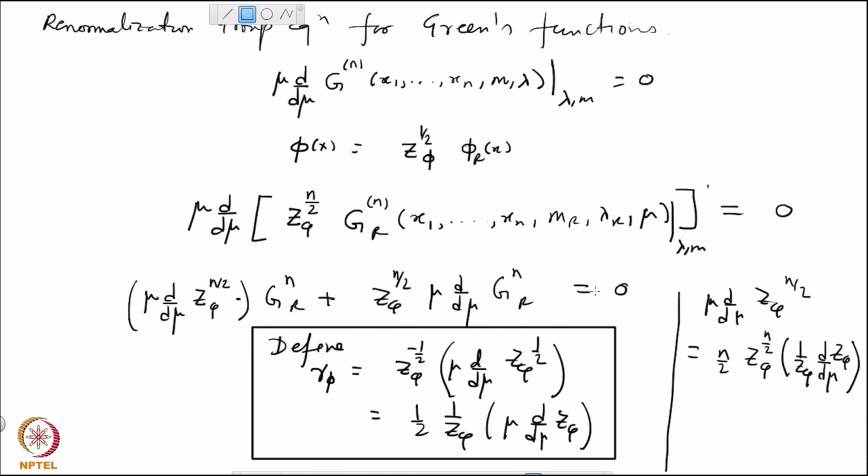Anyway, you can remember I'm not so good at doing this. So I'll just write down what you will get. So you substitute the definition of gamma phi and you will get the following.